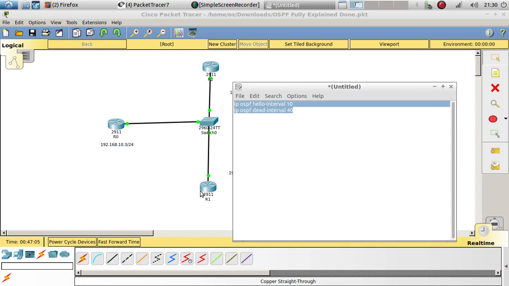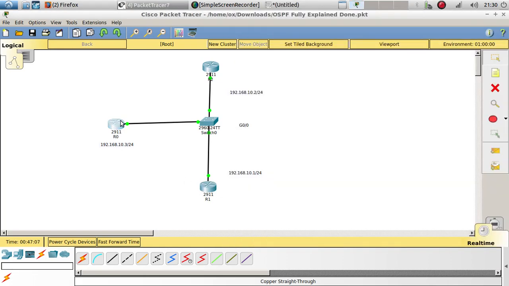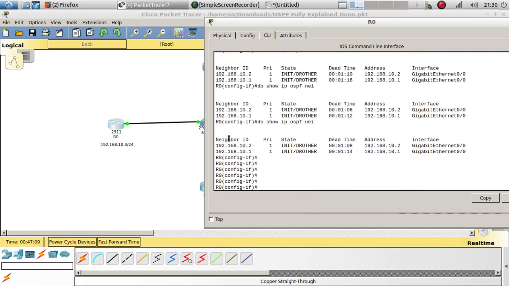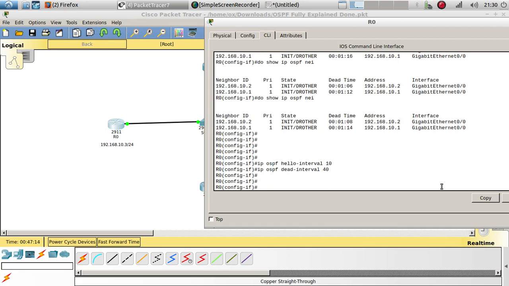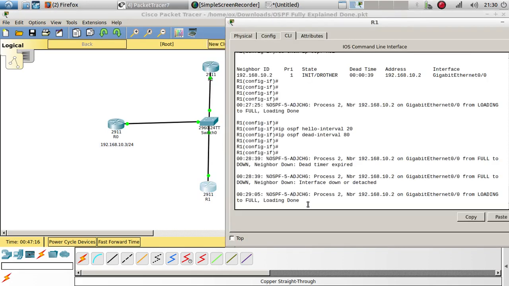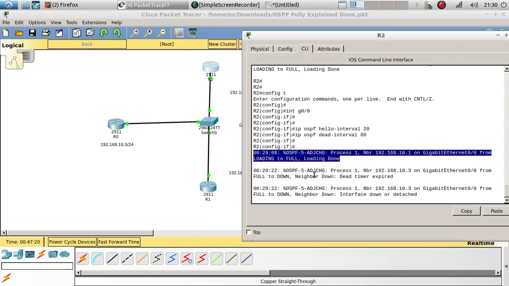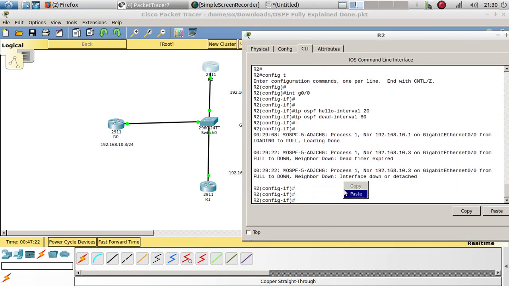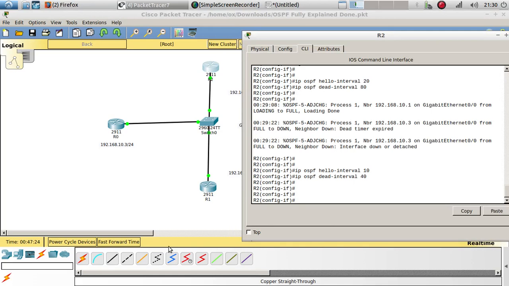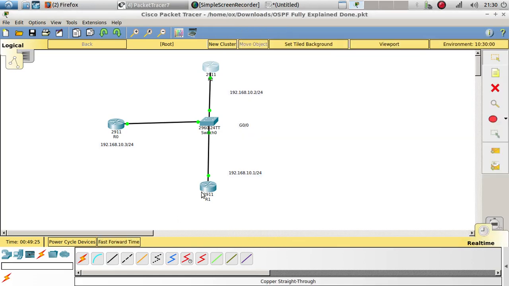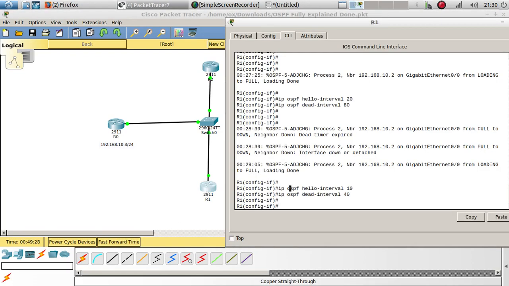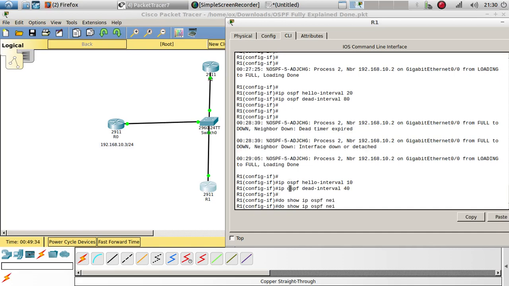And let's add this configuration for them. We are in the same interface, so just paste that there, paste this over here, and paste it over here as well. Let's fast forward the time and do show IP OSPF neighbor.